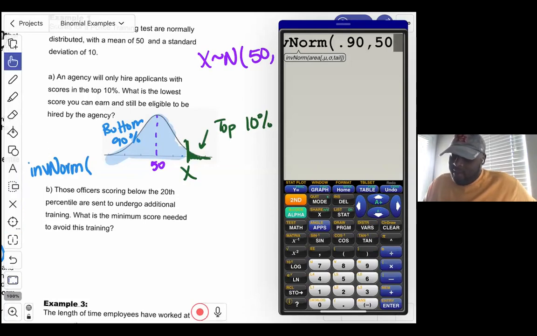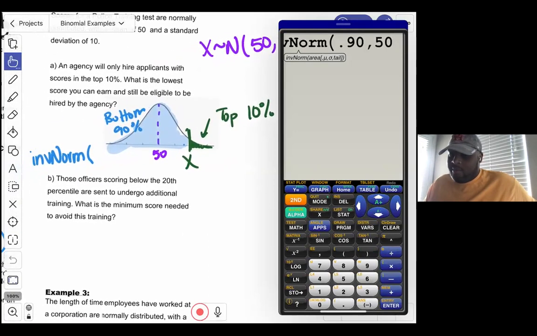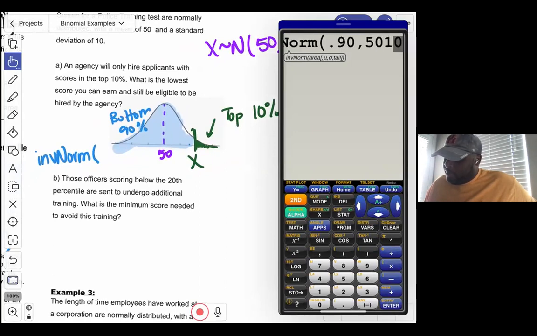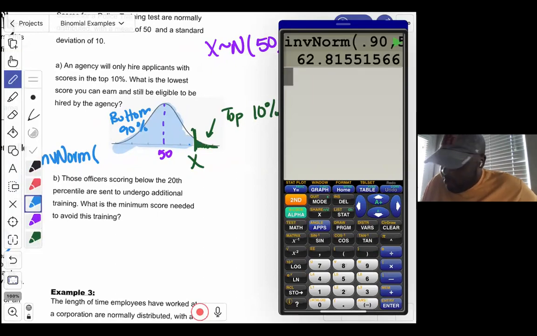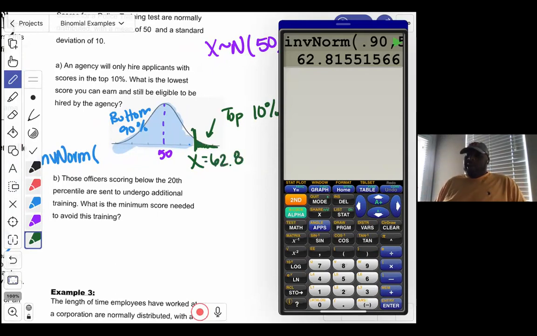And the standard deviation was given to be 10. So comma 10. Press enter. And here's the score that corresponds to the top 10%. So anybody that scored the 62.8 or better will be scoring in the top 10%.